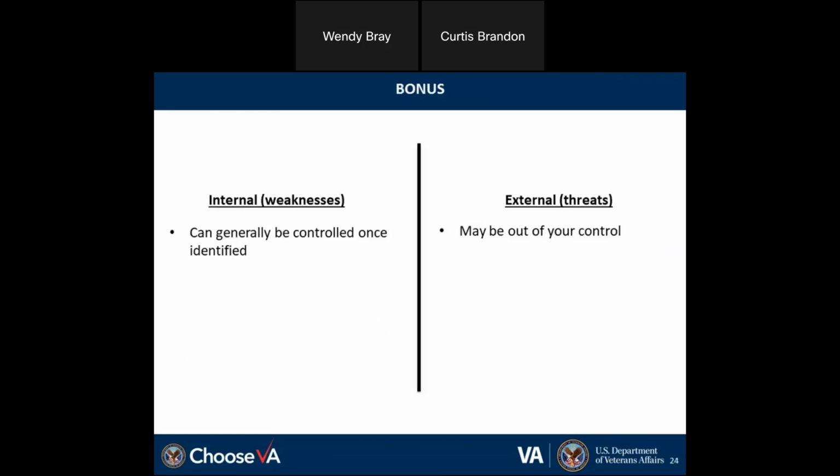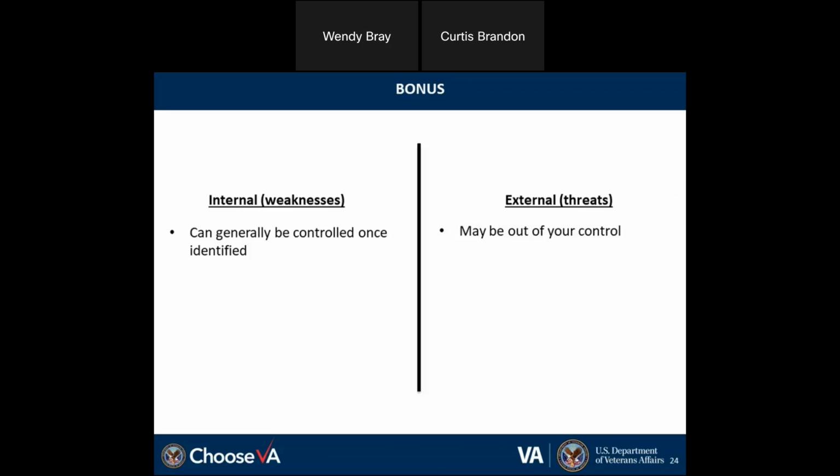Now, internal and external risks. This is just bonus information that I've included. Internal risks are weaknesses and external risks are threats. An internal risk can generally be controlled once identified. So for your business, once you've identified a risk, you can definitely control it. Those are what are considered internal risks in terms of your organization or business.